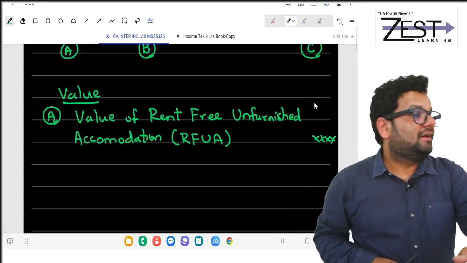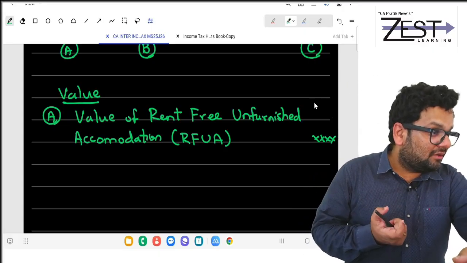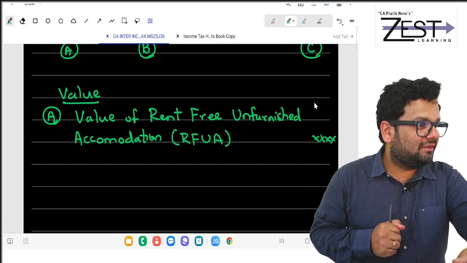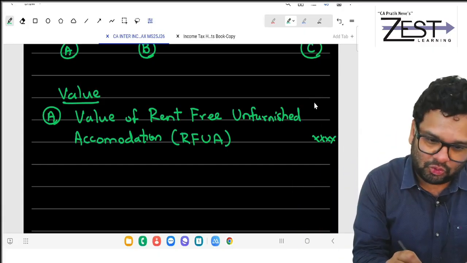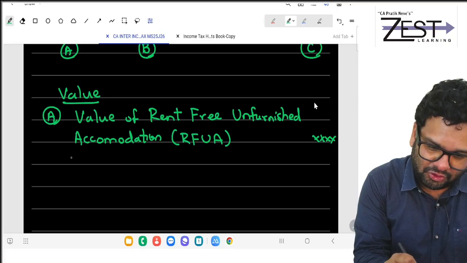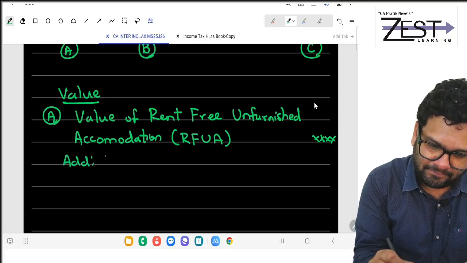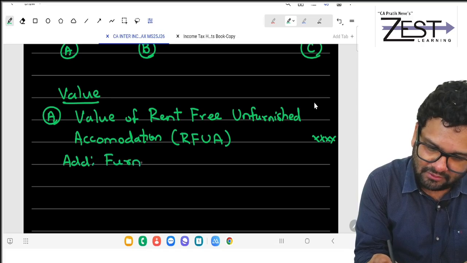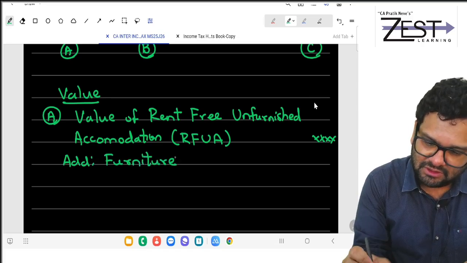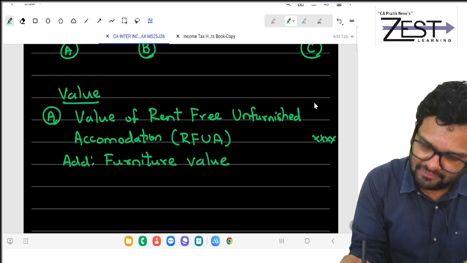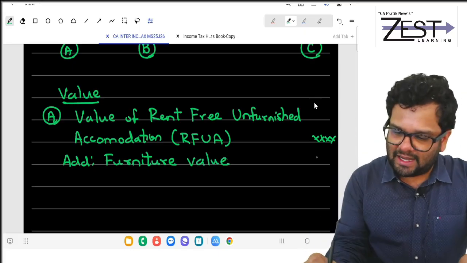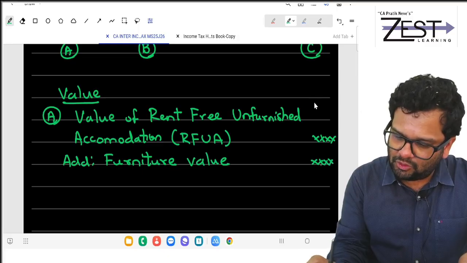But if employee has got furniture also, then you will add. What you will add? Furniture. Furniture value you will add. Now what you will get?